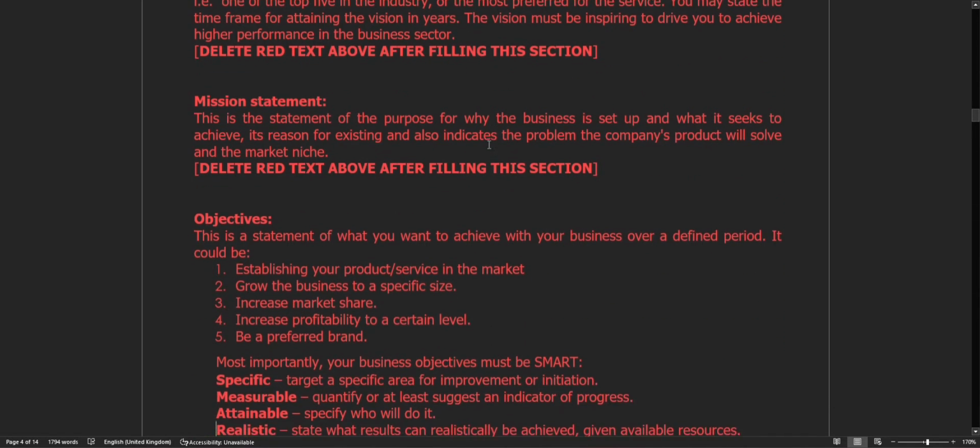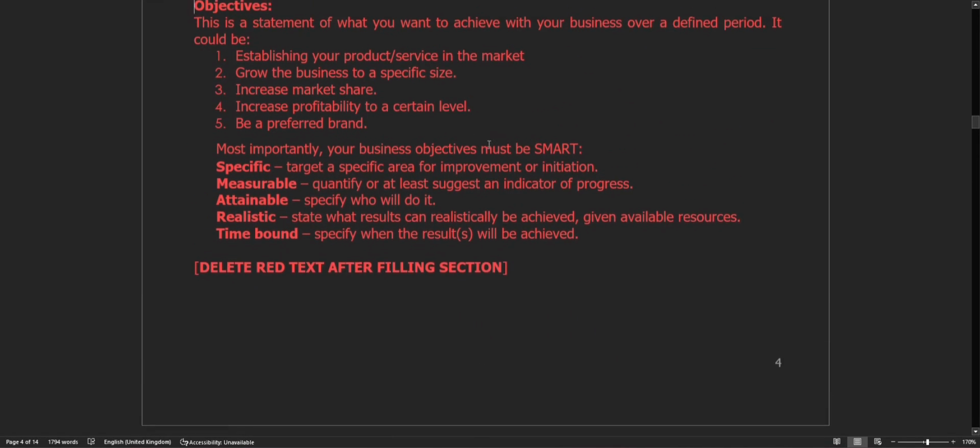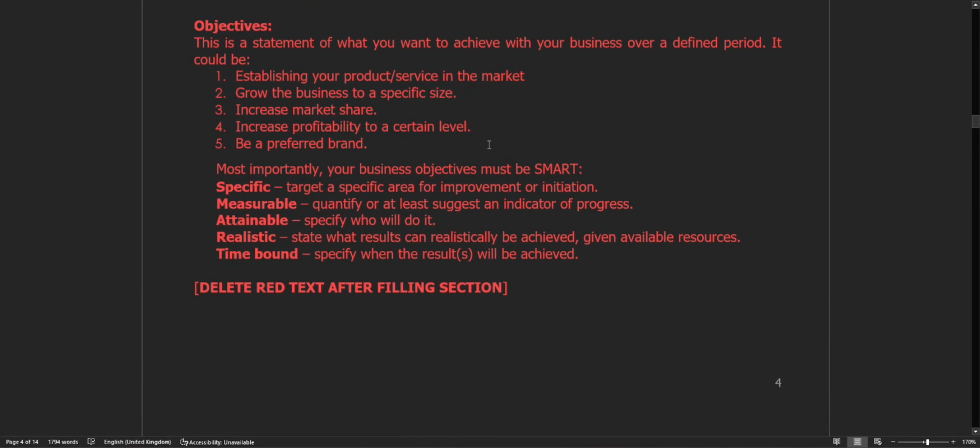Your mission statements and vision statements, nothing to talk about here. But most importantly, this is one of the areas where people are making very big mistakes: the objectives. You are not just writing an academic paper. Today, Elumelu Foundation wants you to be very specific. Let me give you a secret. They actually go for objectives that are time bound and they actually put it there. Don't say I will grow my market base.